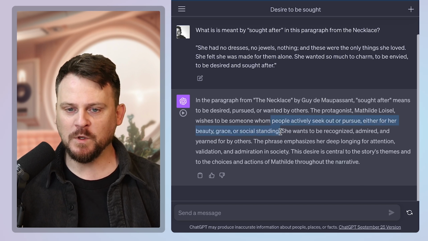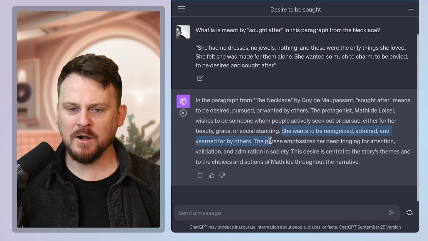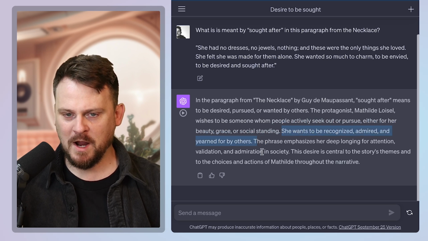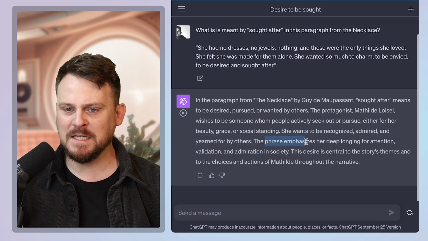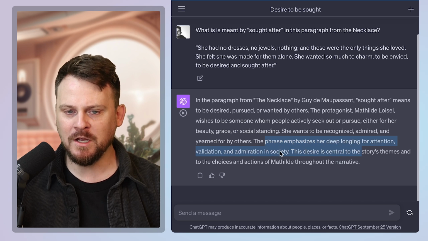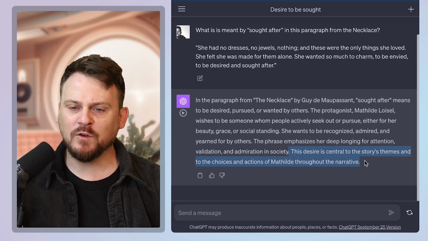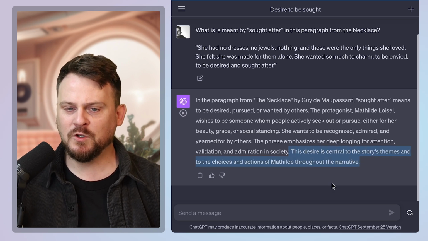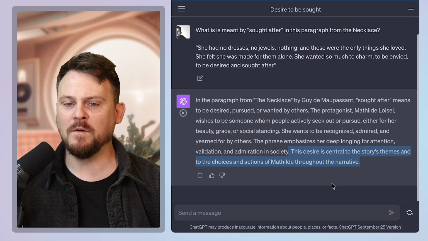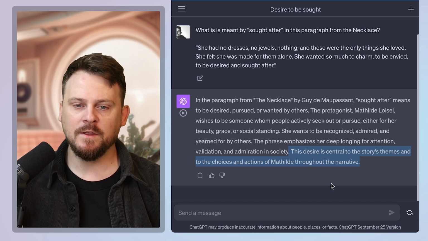She wants to be recognized, admired, and yearned for by others. The phrase emphasizes her deep longing for attention, validation, and admiration in society. The desire is central to the story's themes and the choices and actions of Mathilde throughout the narrative.